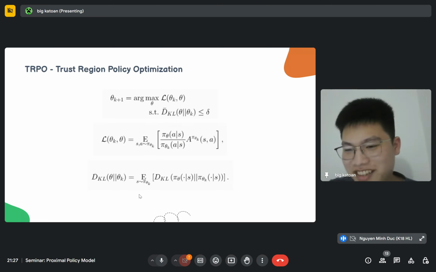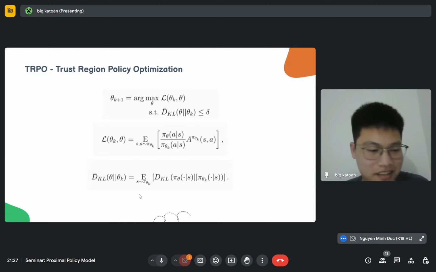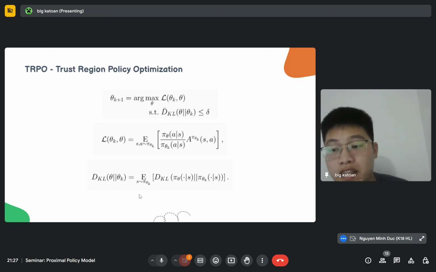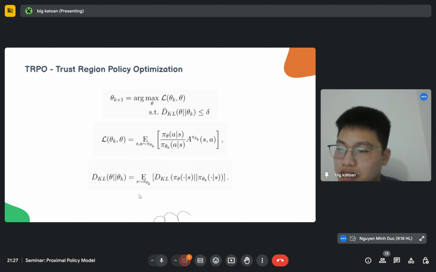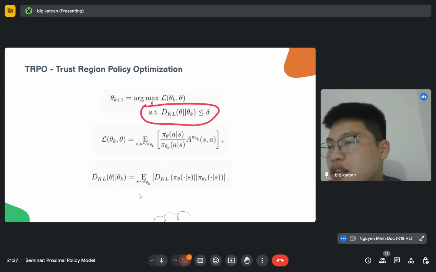So we use this loss to update all the parameters? No, it's a constraint. It's a Lagrangian constraint. Did you see the SD part?